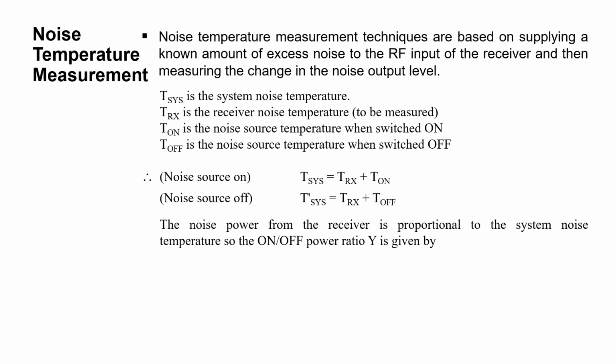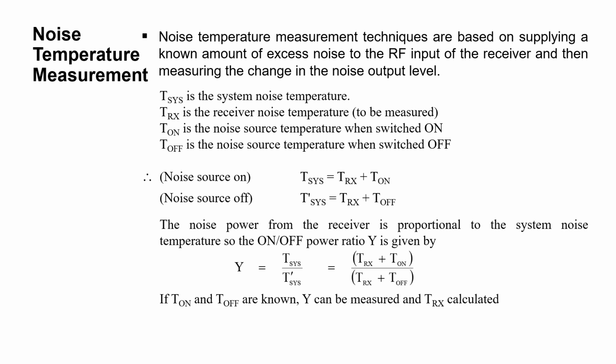The noise power from the receiver is proportional to the system noise temperature. So the on and off power ratio Y is given by Tsys over Tsys prime, which is equal to Trx plus T on divided by Trx plus T off. So if T on and T off are known, Y can be measured and Trx can then be calculated using the same equation that we have seen before for noise source on or noise source off.